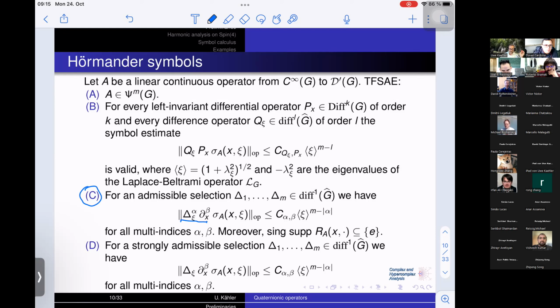I'm pretty sure a lot of the audience is familiar with it, but still, for the people who are not, that's basically the thing. And the point is that this allows you to introduce Hörmander classes and the usual jazz. Also, how you actually work with operators, that they map the right spaces into the right spaces, and so on.